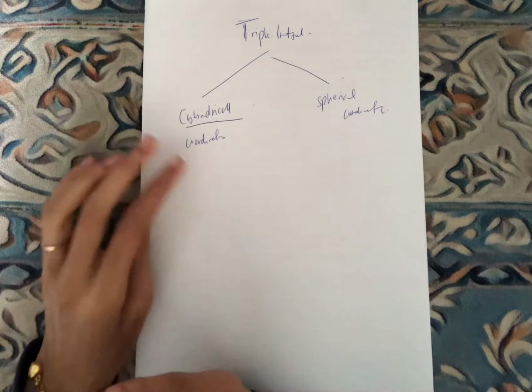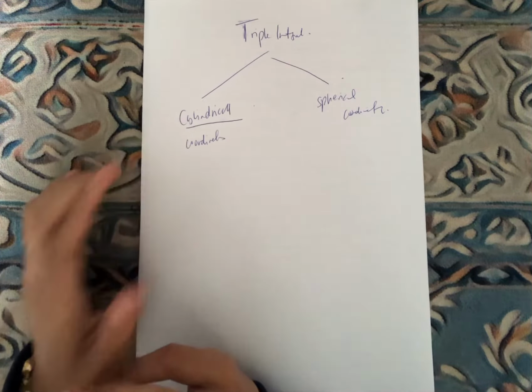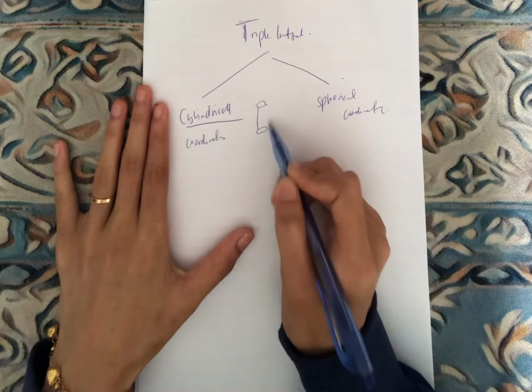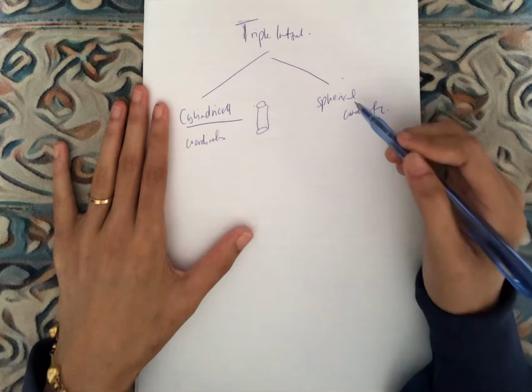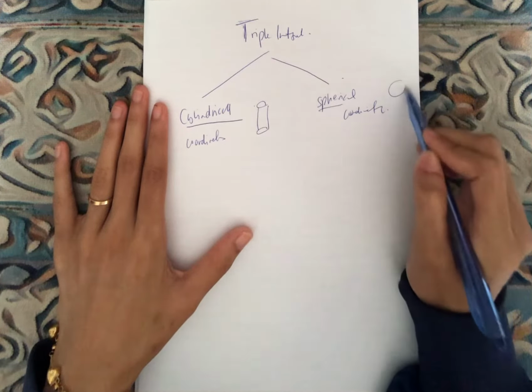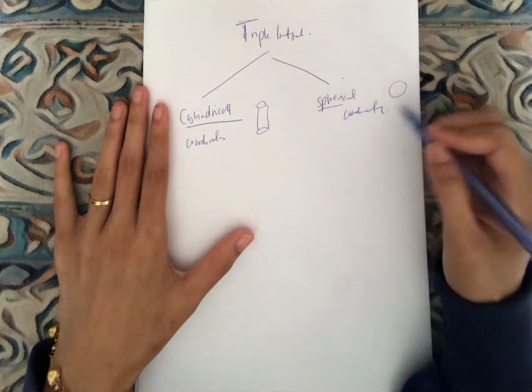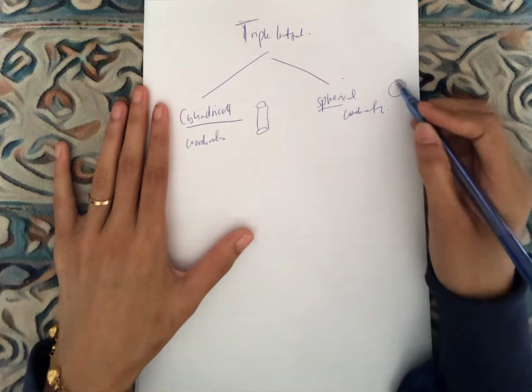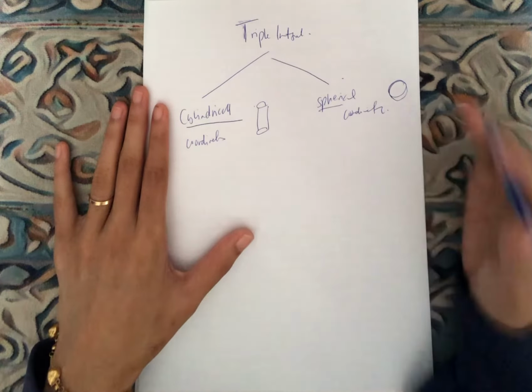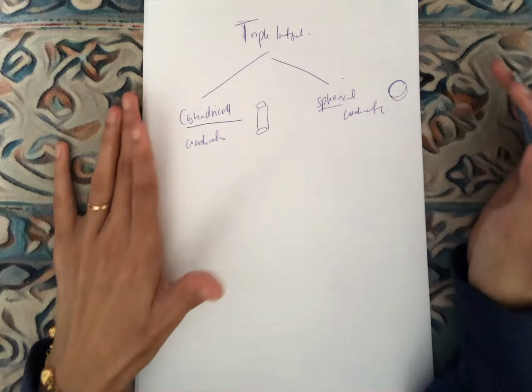So the shape is like a cylinder. And for spherical, the shape is like a sphere. If it's 2D, it's just a circle, but if it's 3D, it becomes a sphere.